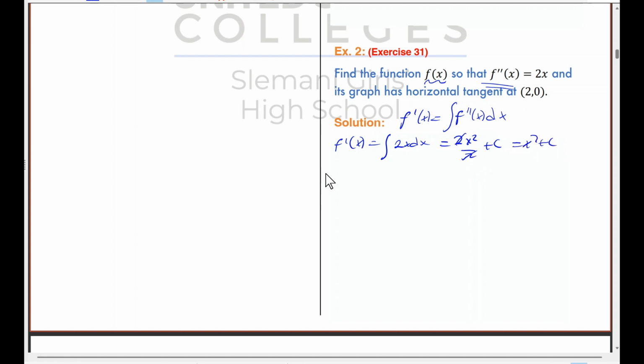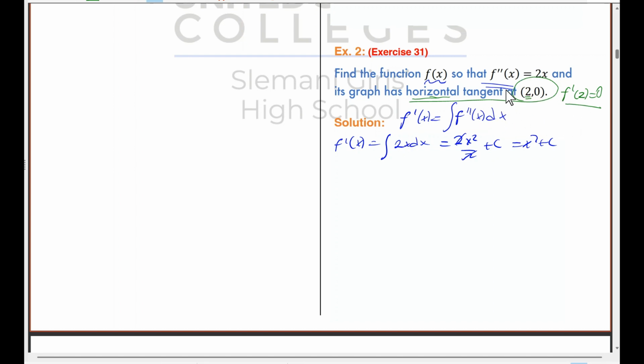Where, what is the point? The question says it has a horizontal tangent at (2, 0). Meaning, remember from chapter 3 what a horizontal tangent is? The derivative being equal to 0. The derivative at 2 is equal to 0 when there is a horizontal tangent line. Remember?